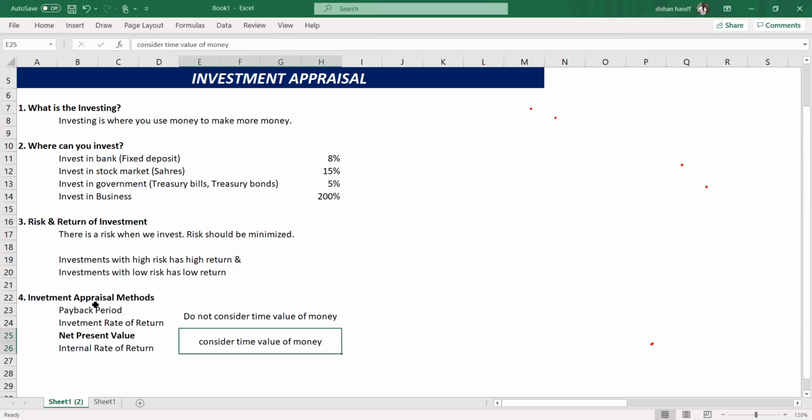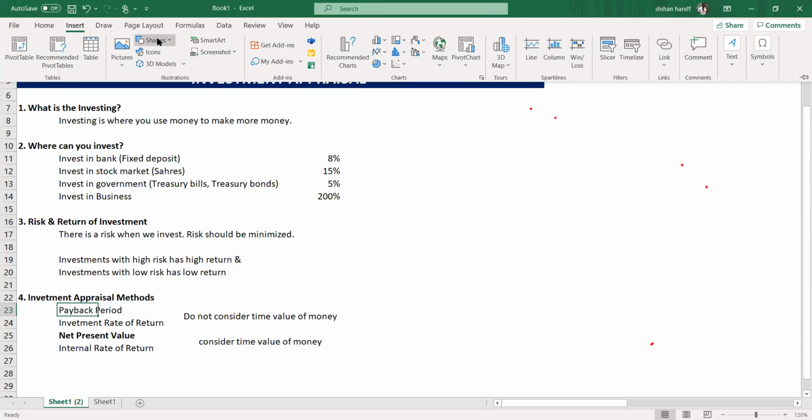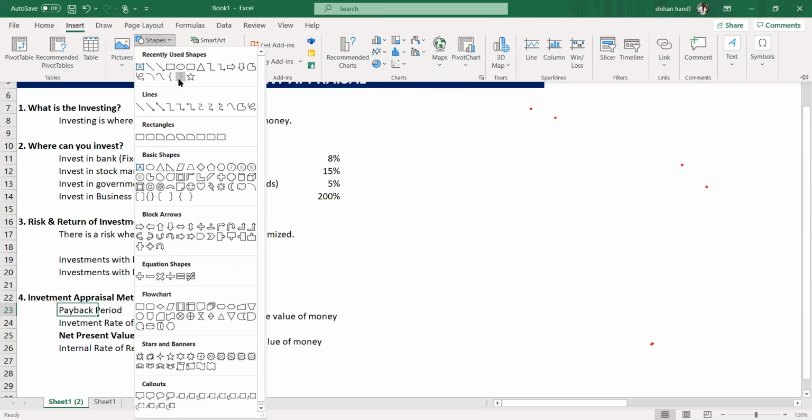So if you can do all these four methods, that is more than enough. Right? You can get at least 10 marks out of this.